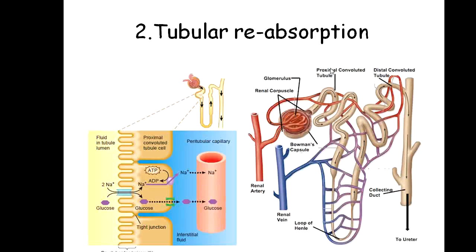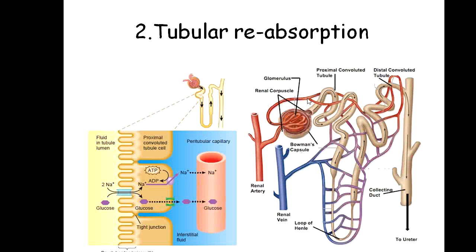Now coming toward the tubular reabsorption. This is the second step of urine formation. In this step, what will happen when the filtrate reaches the proximal convoluted tubule? This is the proximal convoluted tubule. You should imagine that the surrounding blood vessels go and surround these convoluted tubules.